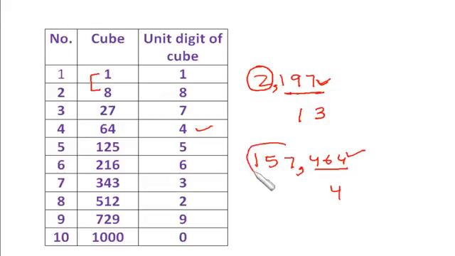Now 157 lies between the cubes of 5 and 6, isn't it? It's between 125 and 216. So the tens digit of the cube root will be 5. So the cube root of 157464 is 54. It's very easy, friends. You just have to observe the table. You just have to practice.